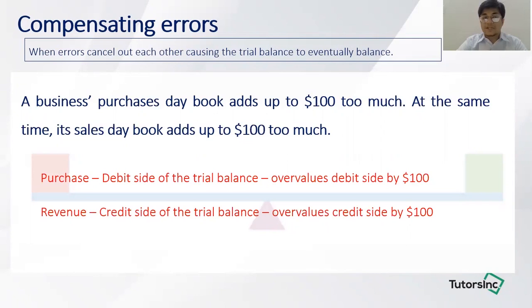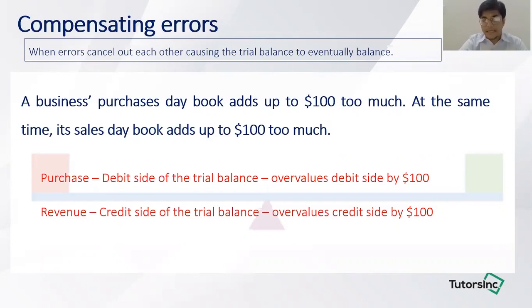So we can say that due to this first mistake, the debit side of the trial balance is overvalued by $100. On the other hand, sales day book, which is a calculation of revenue, falls on the credit side of the trial balance. So we can say that the credit side of the trial balance is also overvalued by $100. So since both sides of the trial balance have been overvalued by $100, the trial balance, despite these two errors, will eventually balance.